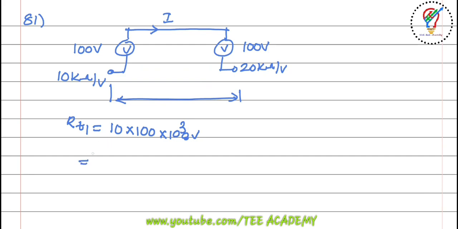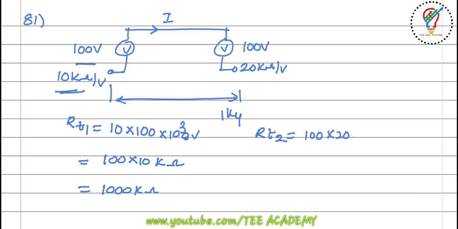I will repeat: I will multiply this value with this value. 100 into 10 kilo ohms, so what you will get is 1000 kilo ohms. Similarly RT2 is nothing but 100 volts into 20 kilo ohms, so it is going to be 2000 kilo ohms.